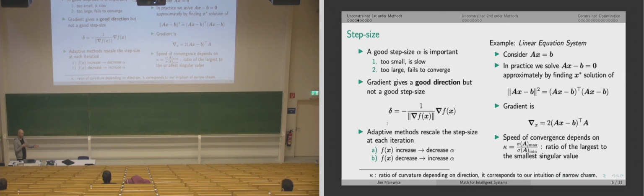But if you have an adaptive method that always decreases the steps if you increase the function value, you're going to end up with these tiny little steps navigating the narrow chasm forever until you reach there. So the higher the kappa, so the ratio between the highest eigenvalue and the smallest eigenvalue of the matrix, the longer it will take to optimize the problem.